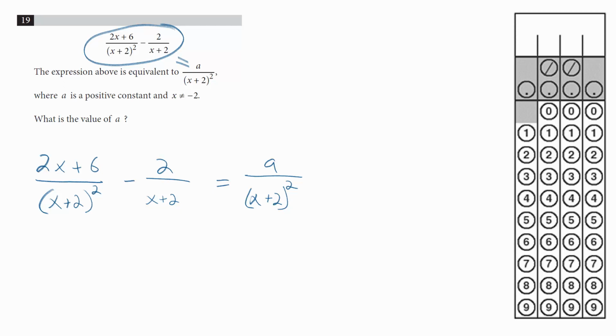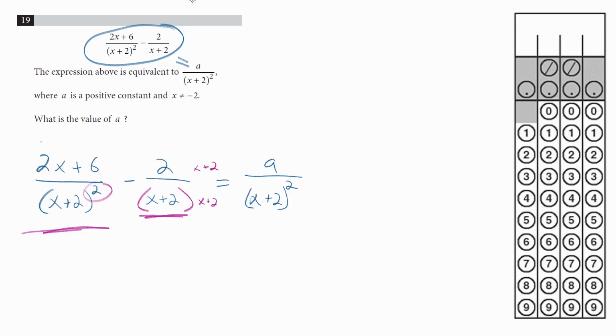To simplify this, these two portions here can be combined. They need to have a common denominator. They both have x plus 2 in their denominator, but this one only has a single term. This squared means there's two of them in there. So we need to multiply both the numerator and the denominator by x plus 2.